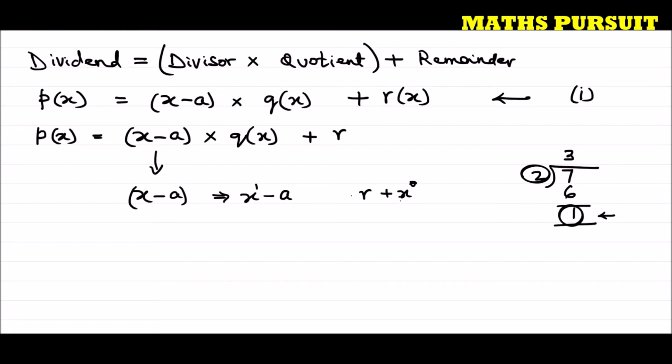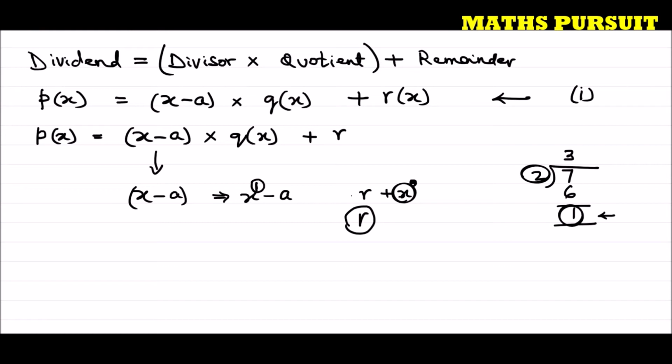The degree of the remainder should always be less than the degree of the divisor. Here the highest degree of the divisor is 1. That means the remainder's degree would be 0. So we simply write it as r, because it cannot be equal to or more than the divisor.